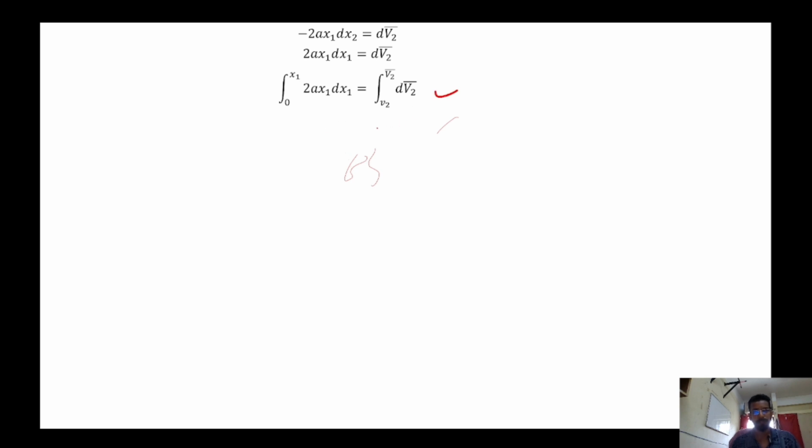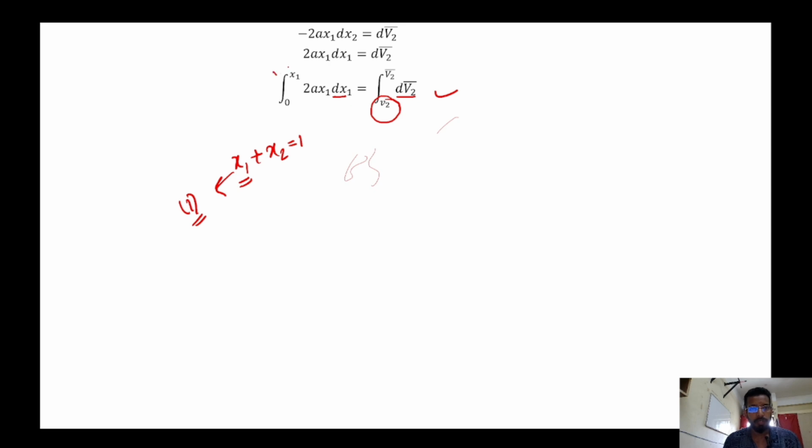Why? To understand, see, this is dx1, this is dV2 bar, this is partial. When x1 will be 0, we have x1 plus x2 equal to 1. When x1 will be 0, that means there is no first component in the solution. That means the whole solution becomes V2.